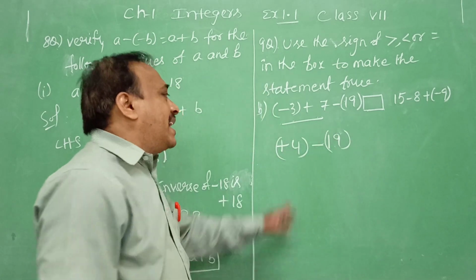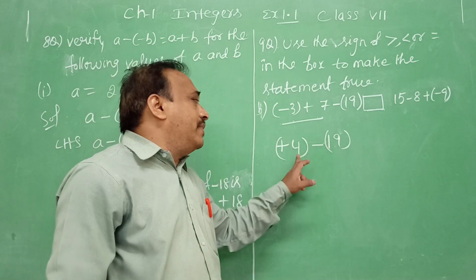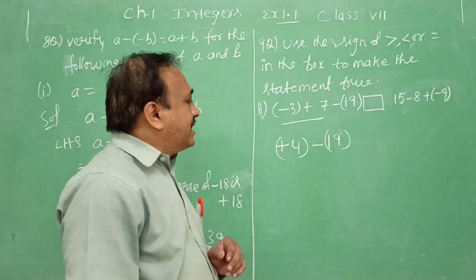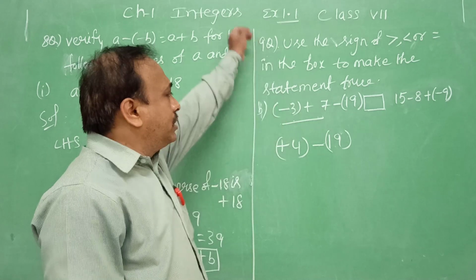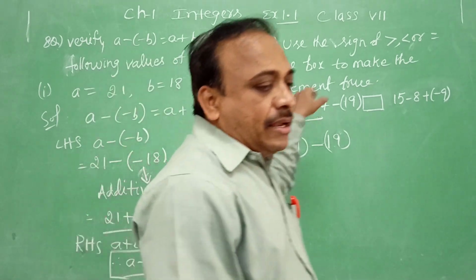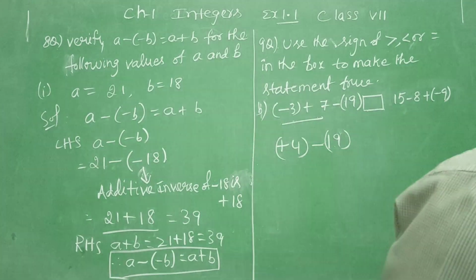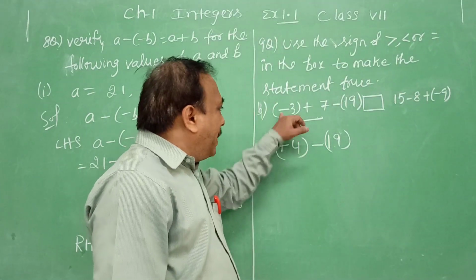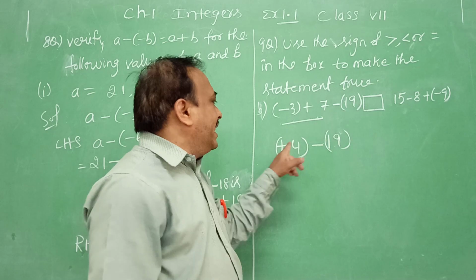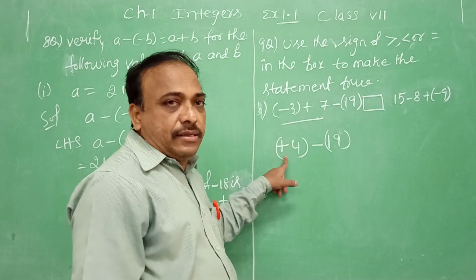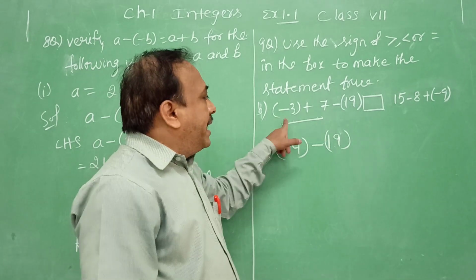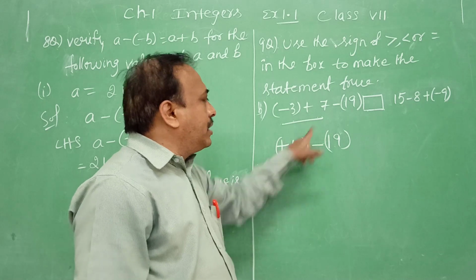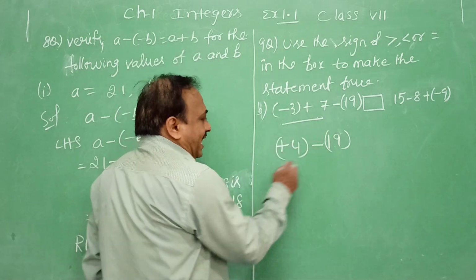Then when you are subtracting, add the additive inverse. When we are subtracting, look at the board. This is minus 3 plus 7 minus 19. Minus 3 plus 7 is plus 4, and minus 19. Add the additive inverse.